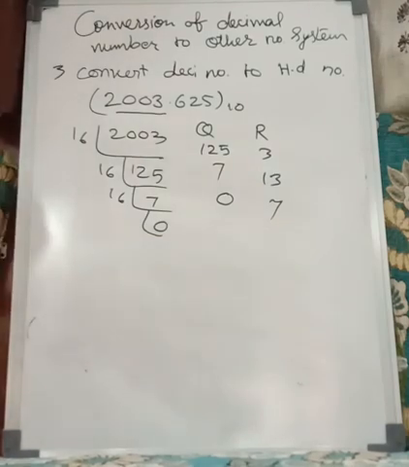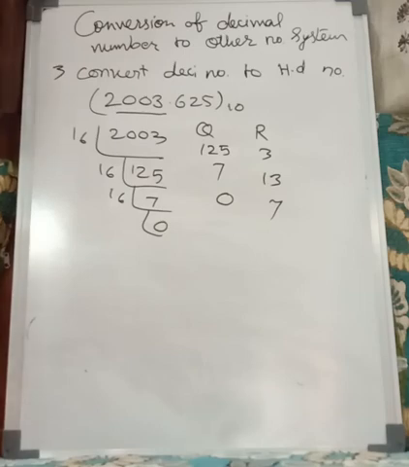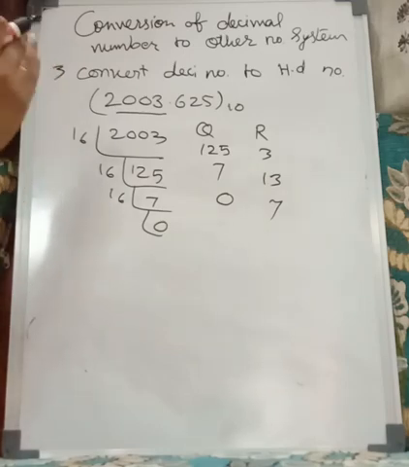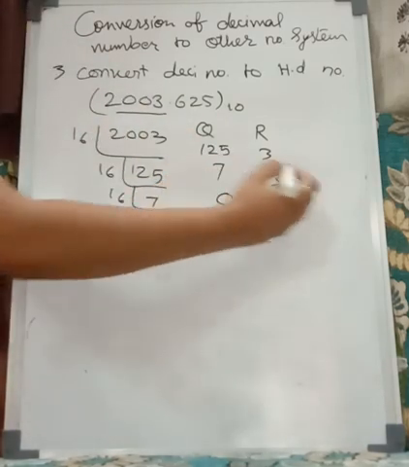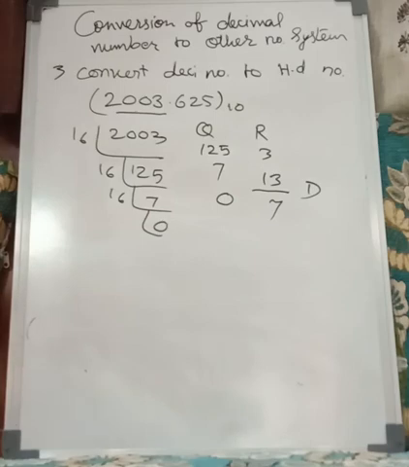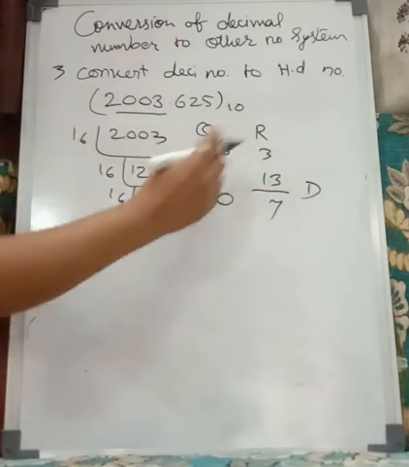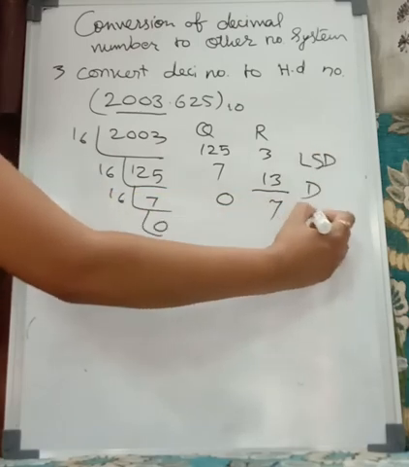Here you can observe that the hexadecimal number system includes the digits 0 to 9, and for further digits, for 13 we'll get D. So this is your LSD and this is your MSD.